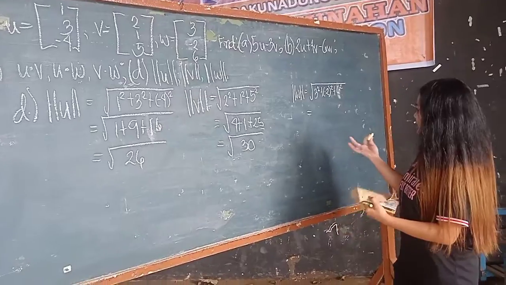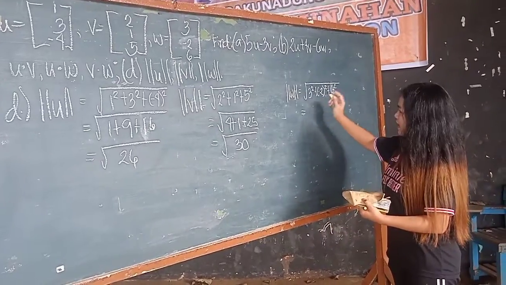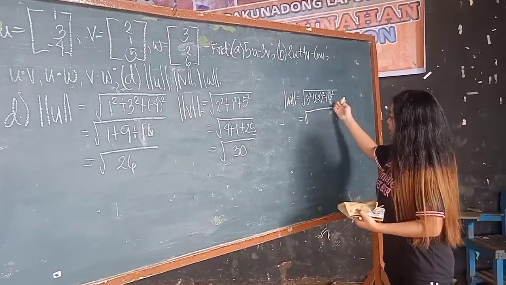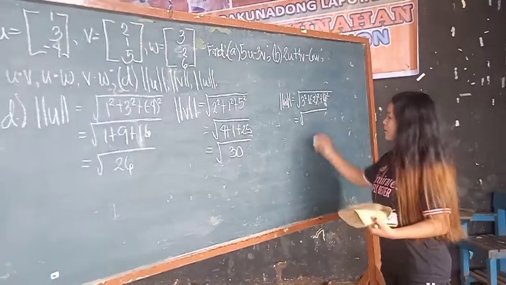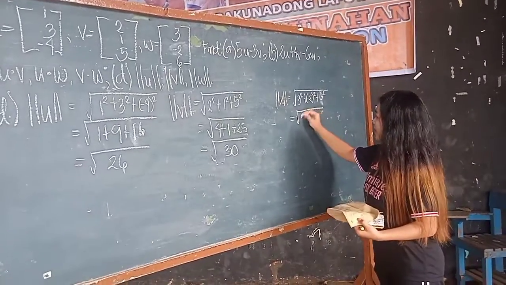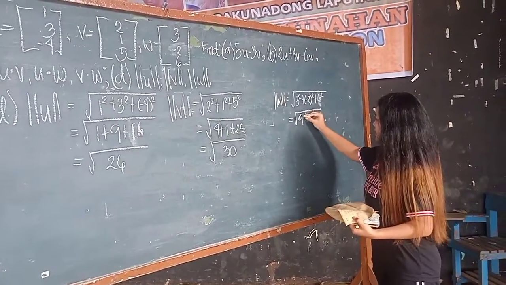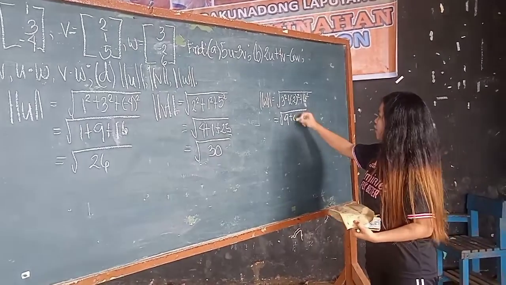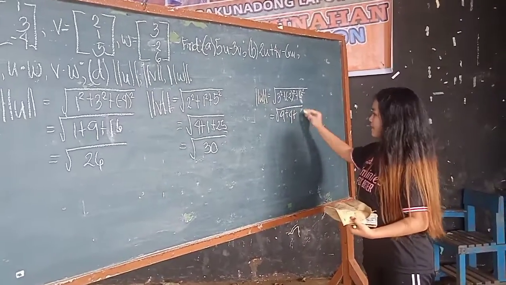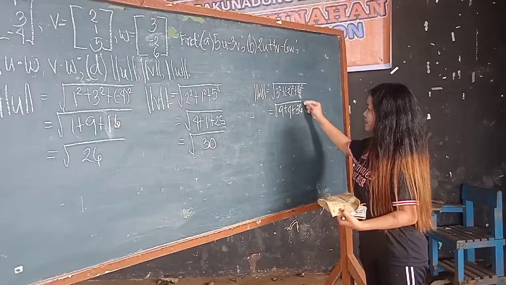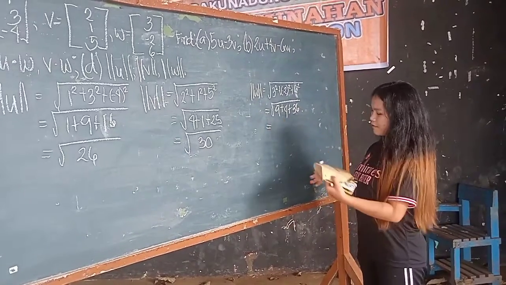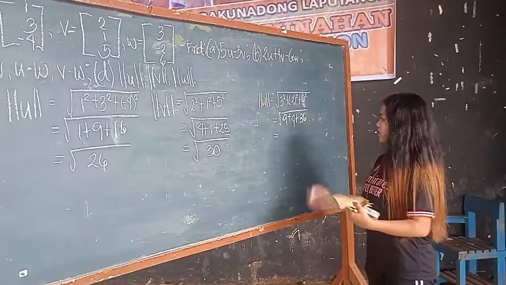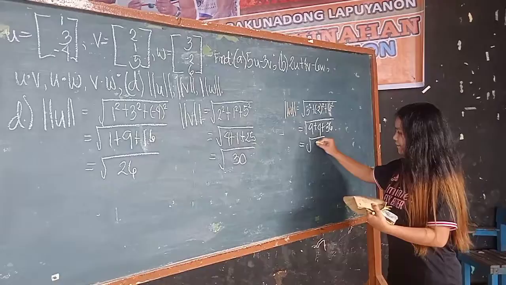And for letter W, 3 raised to the power of 2 is 9, negative 2 raised to the power of 2 is positive 4, and 6 raised to the power of 2 is 36. 9 plus 4 is 13, plus 36 equals 49.